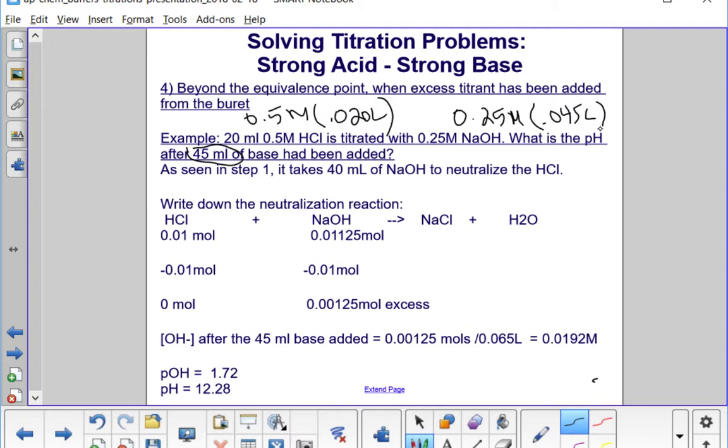So we see here we have more NaOH than we do HCl. We use up all the HCl because we're beyond the equivalence point, and we're left with an excess of NaOH.